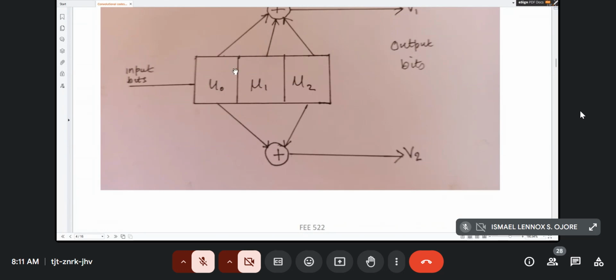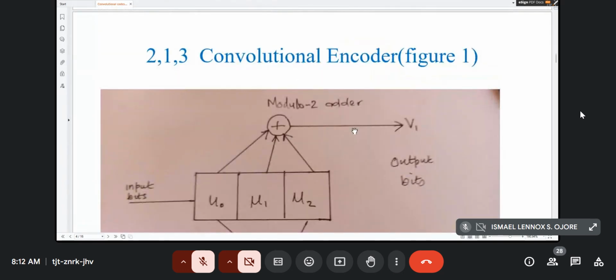It means when you put an input here, it goes and it comes out, and another input comes. And this is the way it works: these are a sequence of bits, but you're putting in one bit at a time.